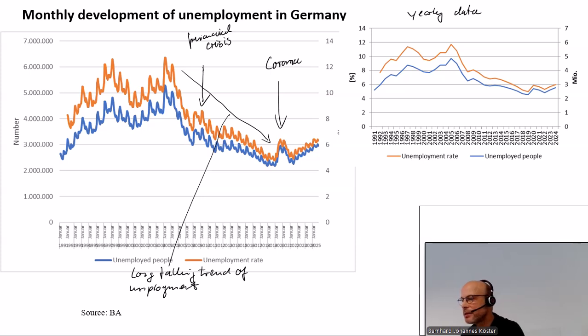We have talked about this when we have looked at the time series of economic growth. But on the other hand, it was not overwhelmingly good. So with this, you cannot really explain this very long-term downturning trend.